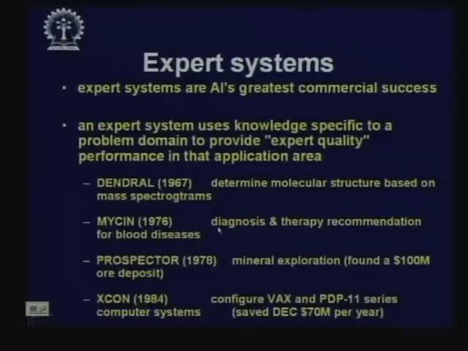MYCIN works for the area of diagnosis and therapy recommendation for blood diseases. Not only that, later on MYCIN was done for different infectious diseases as well, bacterial infections. Prospector, we will look at MYCIN in a little more detail in today's lecture.